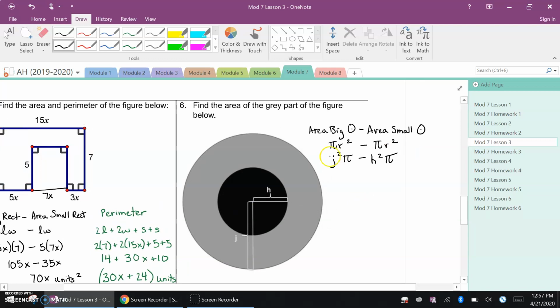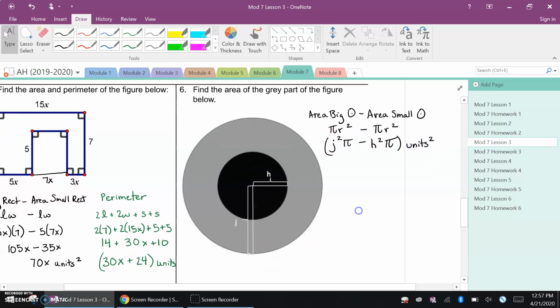So if you were to leave it in terms of pi, this would be your answer right here, because there's nothing more you can do since the variables are not the same. Or if you wanted to multiply it out using 3.14, you would have 3.14 j squared minus 3.14 h squared. And then this is still going to be units squared.